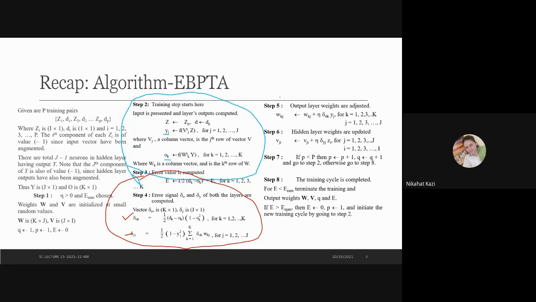Okay, so if you have a layered architecture here, assume this is the input layer, this is the hidden layer, and this is the output layer. There are some number of neurons in each, and there are connections everywhere.